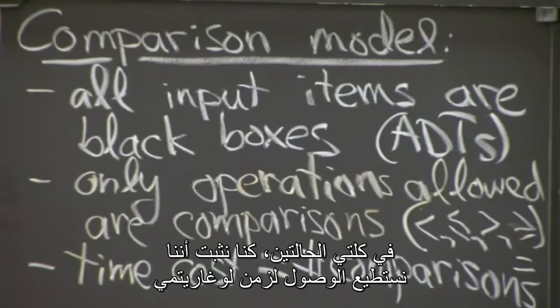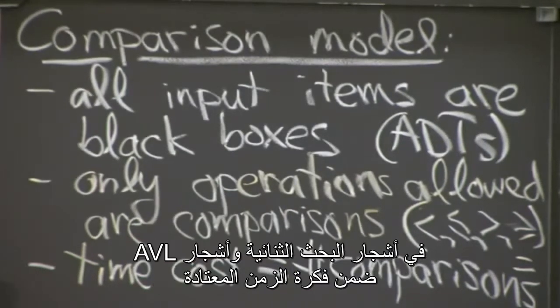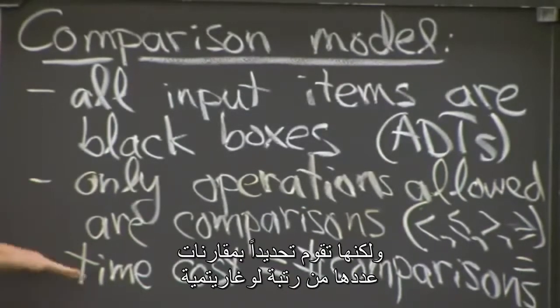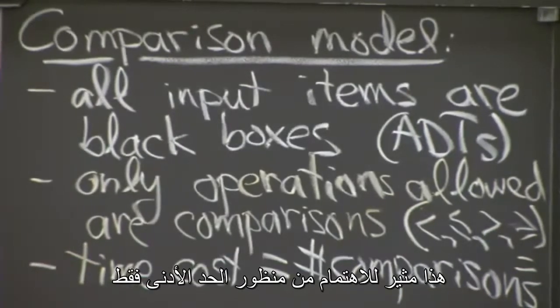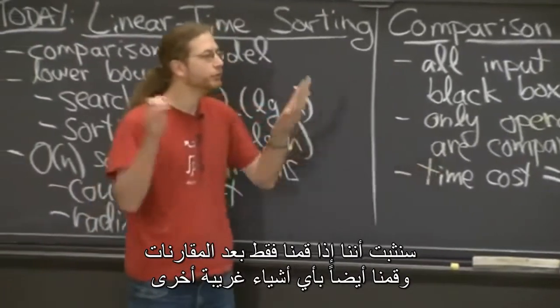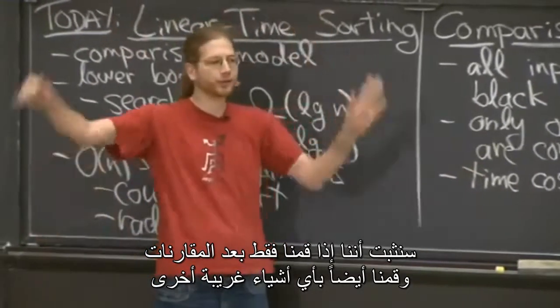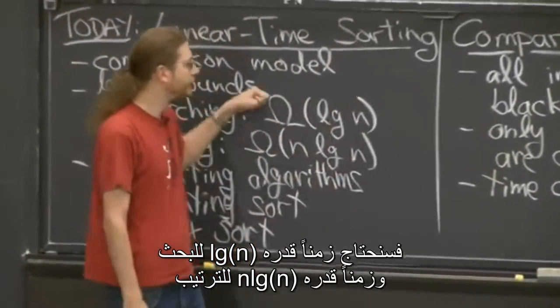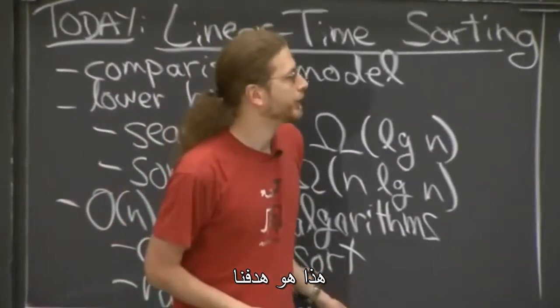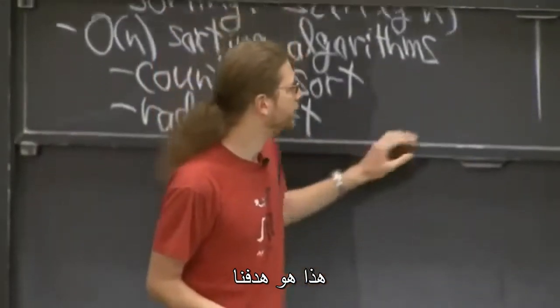We've been showing everything, like binary search trees or AVL trees, you can do in order log n time in the regular notion of time. But in particular, they do order log n comparisons. And what we're going to show is only interesting from a lower bound perspective. We're going to show that even if you just count comparisons, you can do whatever other crazy things you want. You need log n time to search, and you need n log n time to sort. So that's our goal.